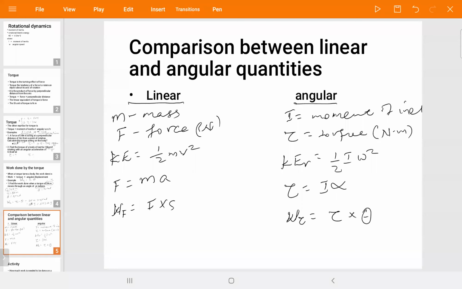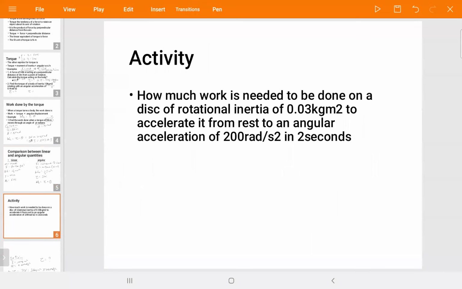Work done is force times distance, and for torque it is torque times angular displacement, with the unit joule. But theta needs to be expressed in rad, not in degrees or revolutions. Finally, we can ignore the units and express the answer using joule.